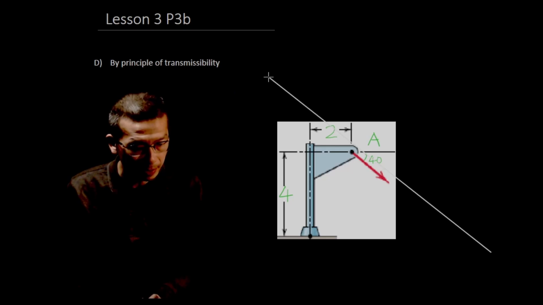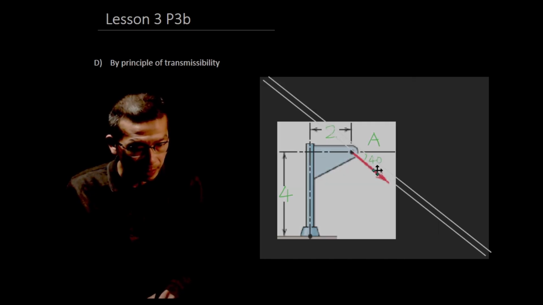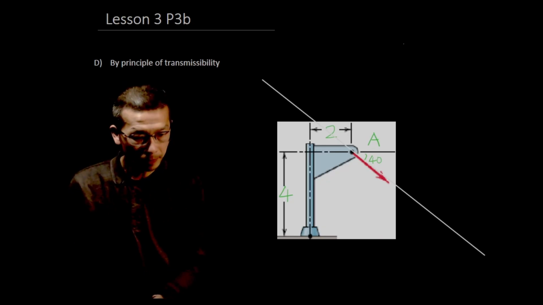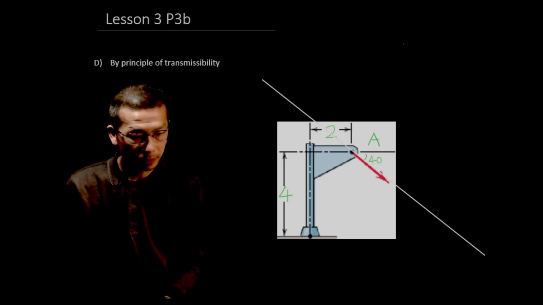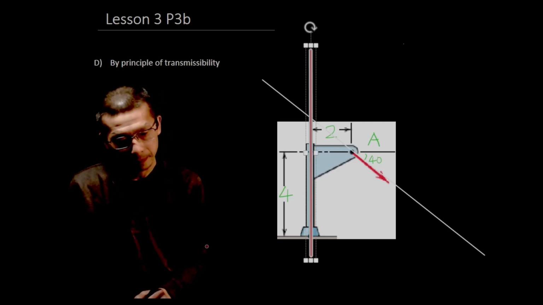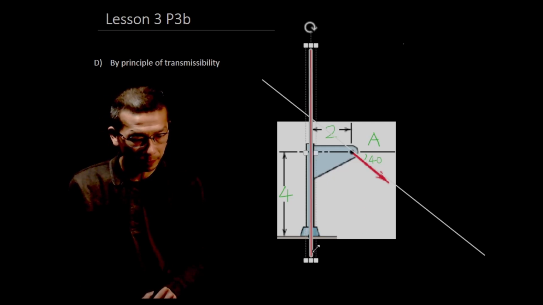I can live with that. Maybe slightly move over. Okay, that's better. Okay, that's the line of action. And do another one vertically from point O. All right, and then another one from point O.